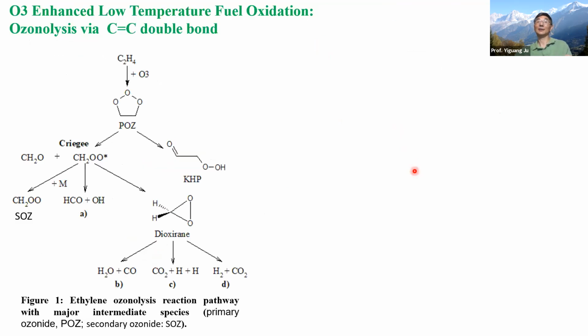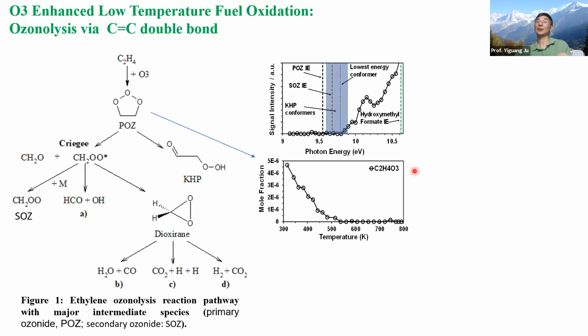So this is the ozone reaction we talked about before. Although we did this ozone reaction with biodiesel and with ethylene, there are many other fuels for which we have not done ozone reactions. They can promote low temperature oxidation. From here, you can see the ozone oxidation.